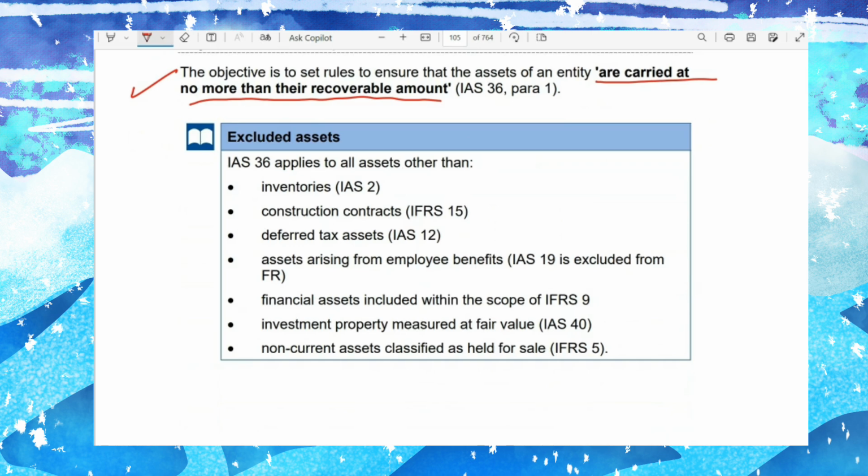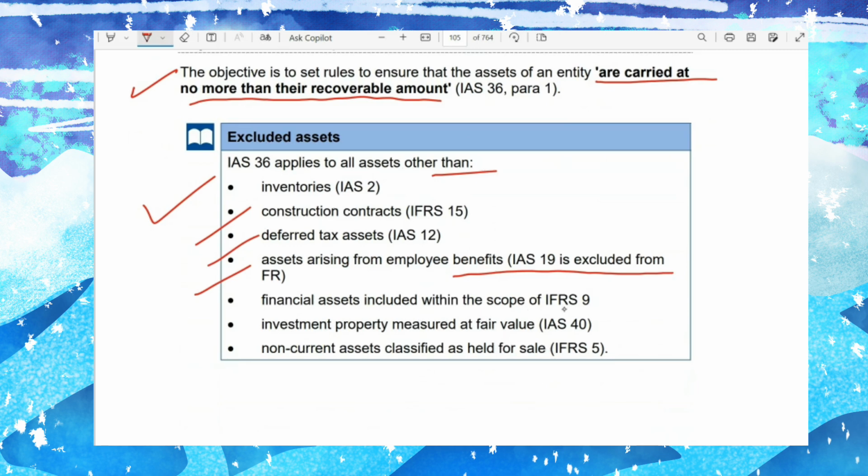IAS 36 applies to all assets other than inventories, construction contracts, deferred tax assets, assets arising from employee benefits, financial assets within the scope of IFRS 9, investment property measured at fair value under IAS 40, and non-current assets classified as held for sale.